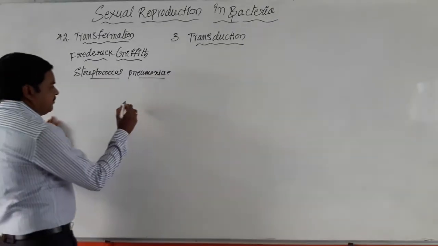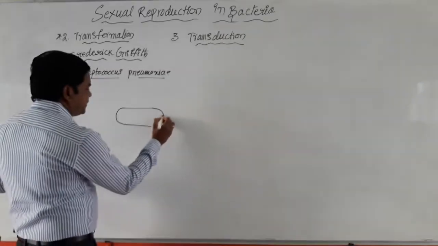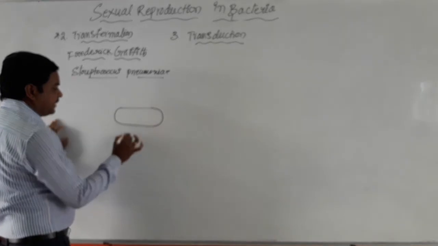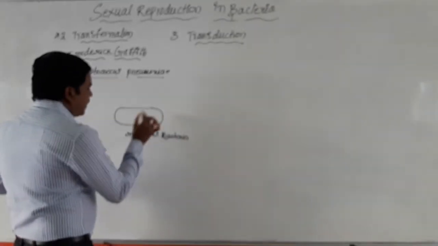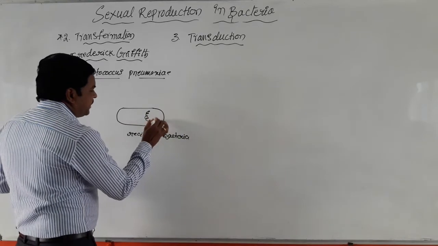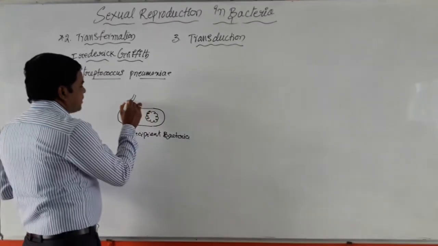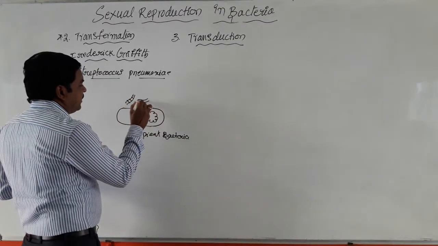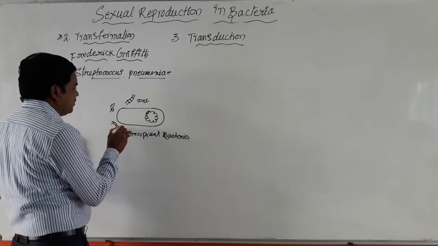For example, this is the recipient bacteria. This is the genetic material present in the recipient bacteria, and these are the fragments of DNA present in the bacterial surroundings.